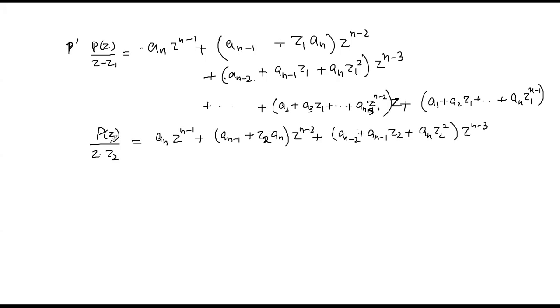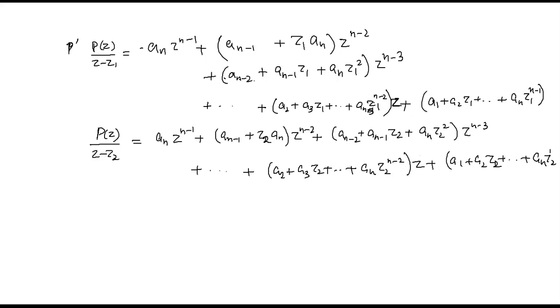Then I have plus so on and so forth a2 plus a3 into z2 plus so on and so forth plus an into z2 whole raised power n minus 2 into z plus of course a1 plus a2 z2 plus so on and so forth an z2 raised power n minus 1.